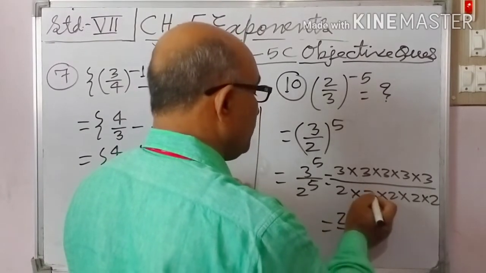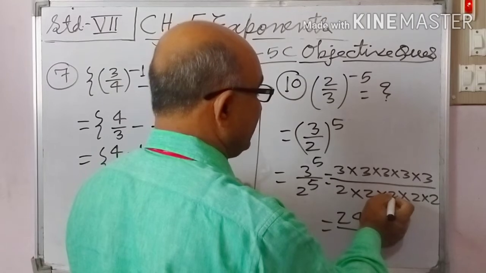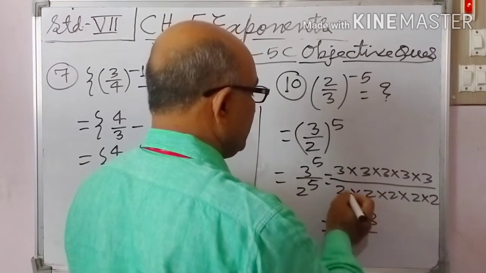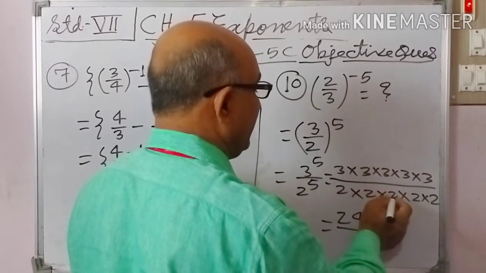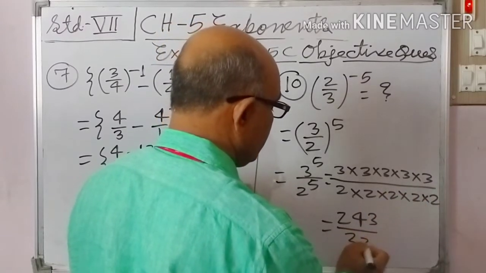Now 2 twos are 4, 4 twos are 8, 8 twos are 16, 16 twos are 32.